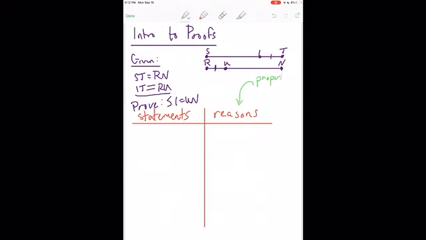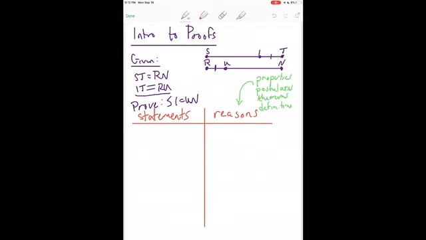If you remember that worksheet where we talked about properties of equality, properties of congruence, such as the addition property of equality, the subtraction, multiplication, substitution, distribution. So properties, postulates, theorems, and definitions can be our reasons for any of our statements.